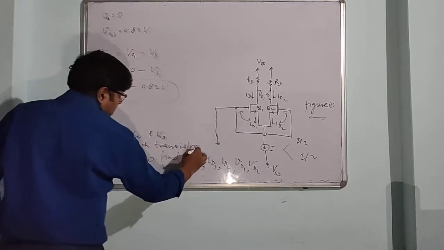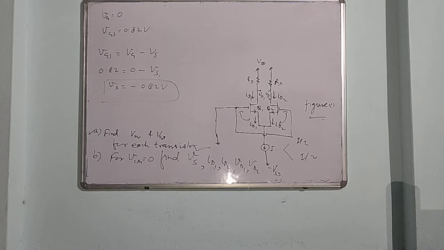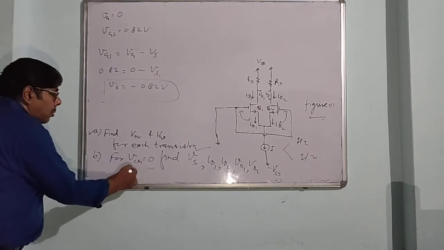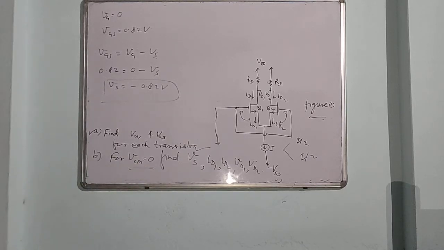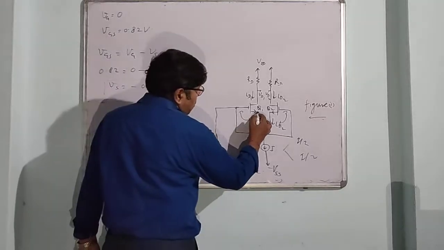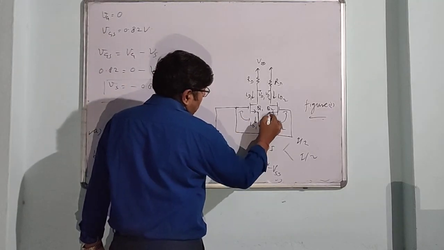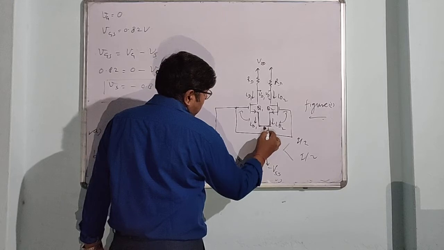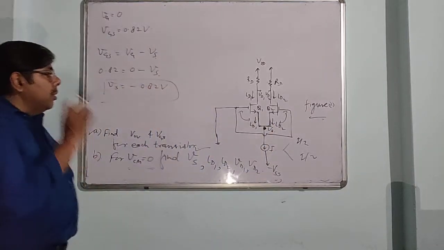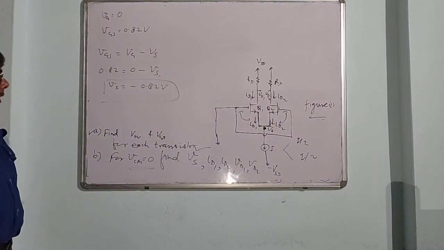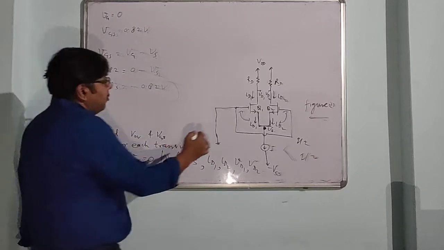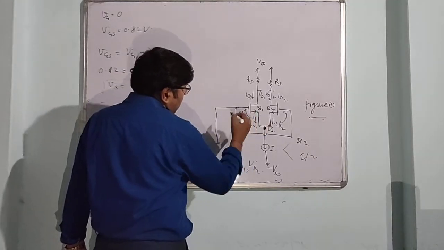When common mode signal is 0, this is the common source, so the voltage of this terminal is VS, which we can find because we know VGS.